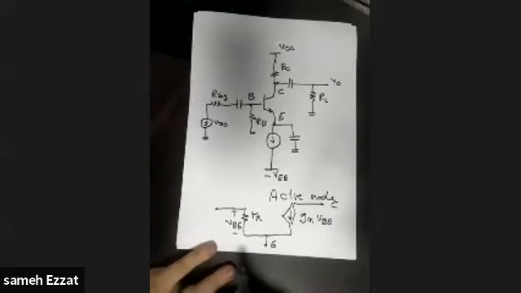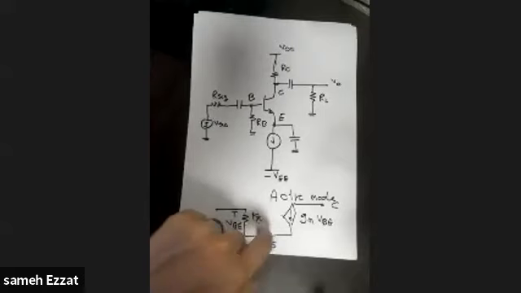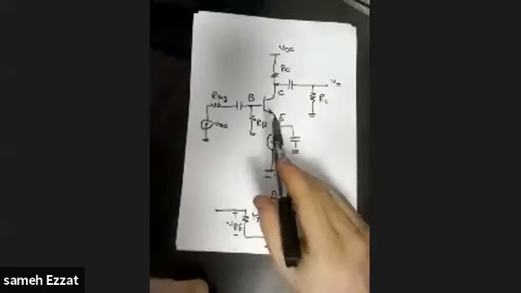So this is the small signal model for the BJT. What we are going to do now is put this model in this circuit, and we will start to solve the circuit based on that.